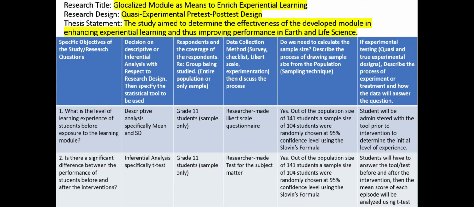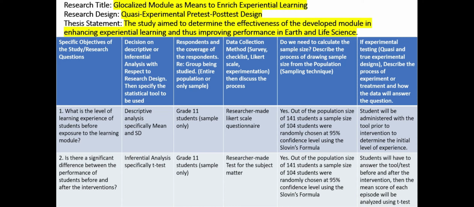The respondents will be the grade 11 students. I will be getting a sample only, not the entire population. The data collection method I will be using is a researcher-made Likert scale questionnaire. So this is validated by at least 3 individuals.